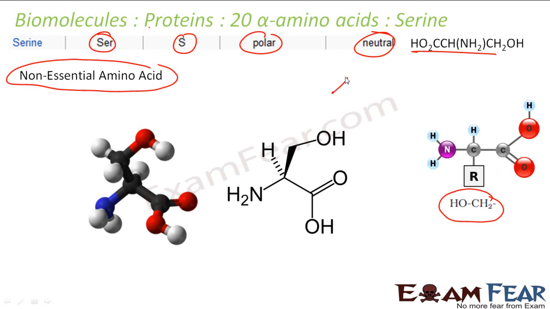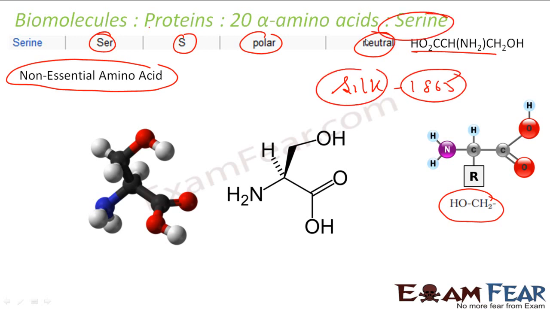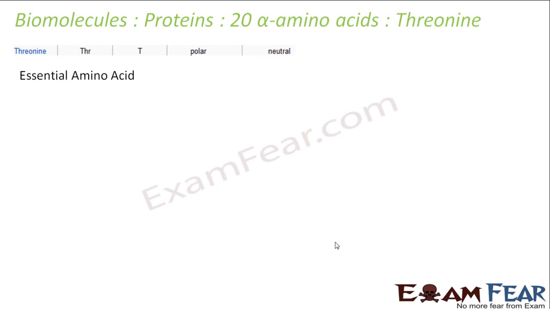It was first obtained from silk in 1865, and thus the name serine came, because serine means silk in Latin. And why is it neutral? Because we have COOH and NH2. One COOH and one NH2, so it is neutral.